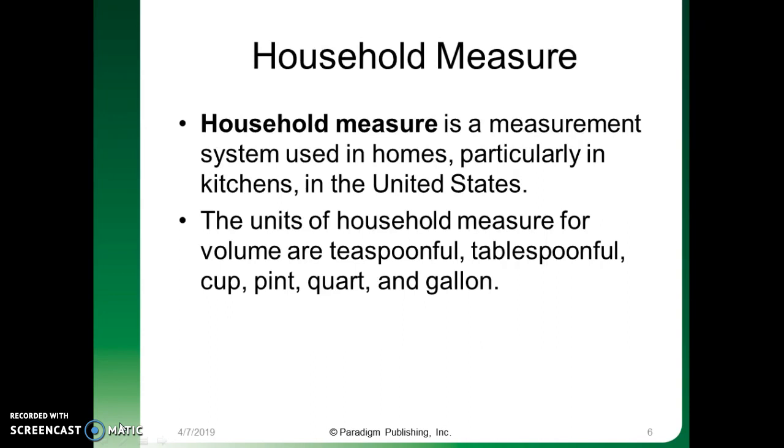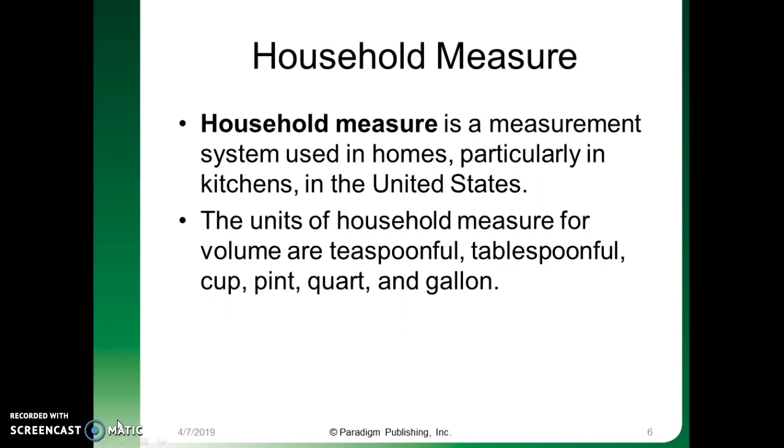So what are household measurements? Household measurement is a measurement system used in homes, particularly in kitchens in the United States. The units of household measures for volumes are teaspoonfuls, tablespoonfuls, cups, pints, quarts, and gallons.